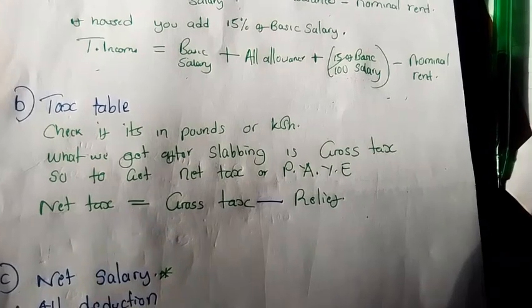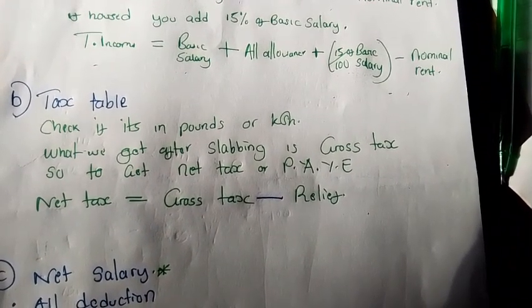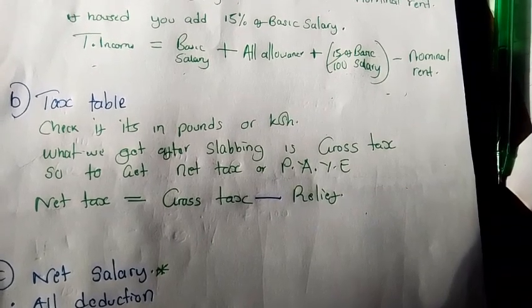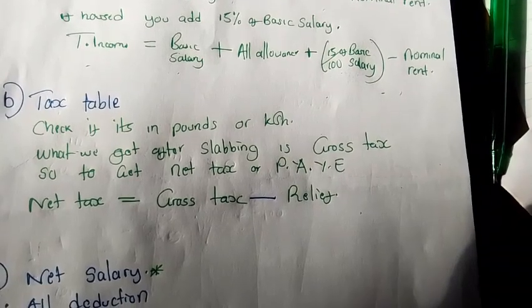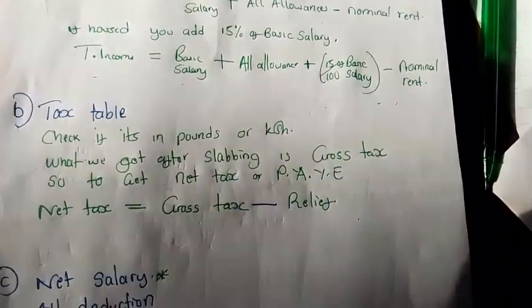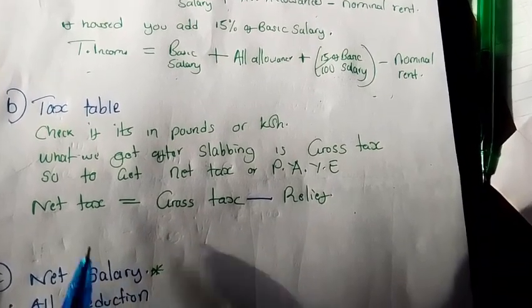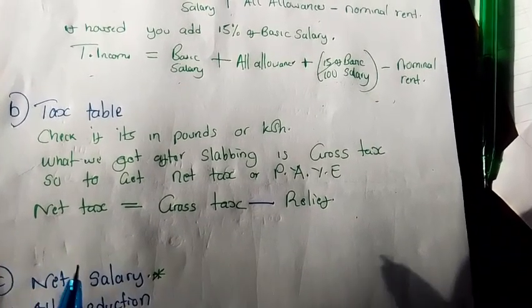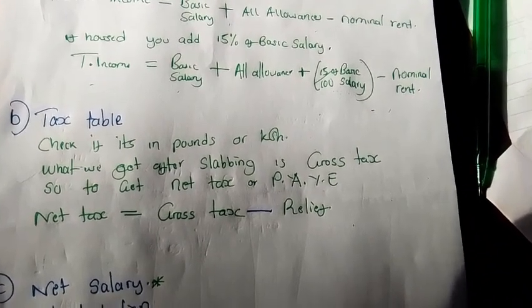Gross tax means all the amount that the government will deduct, or you pay as tax. So after adding what you have got from the slab, you'll get the gross tax. When you want to get the net tax, it is the amount that you pay as you earn.